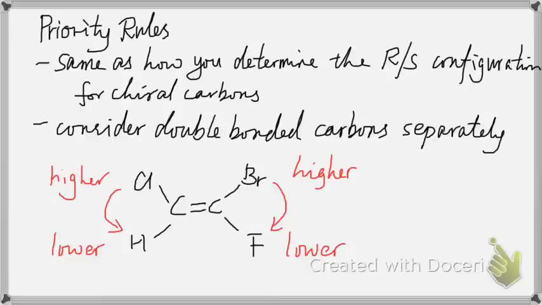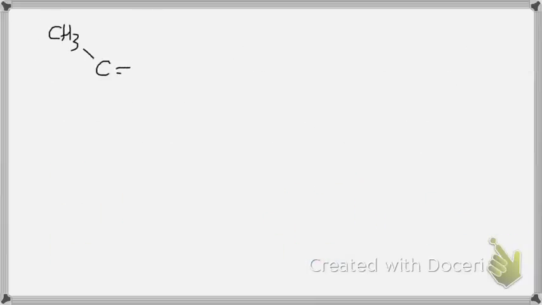If these two arrows are pointing in the same direction, like in this case, they are pointing to the bottom, we say that because the higher priority substituents are on the same side, and the lower priority substituents are on the same side, this double bond is in the Z configuration. Okay? More examples.